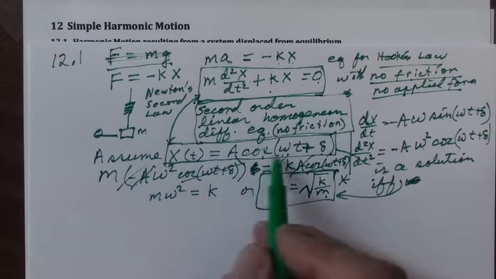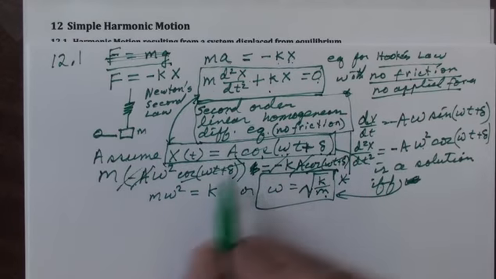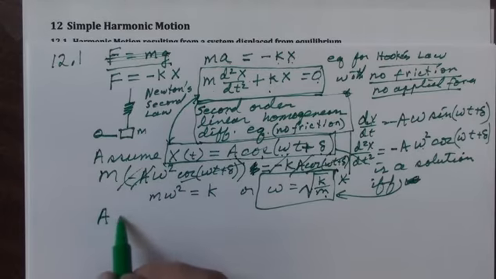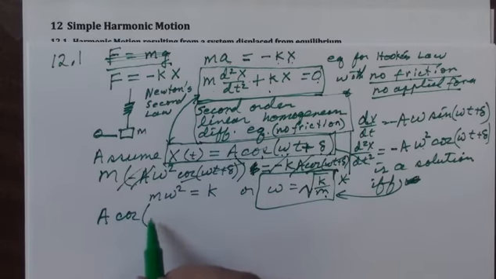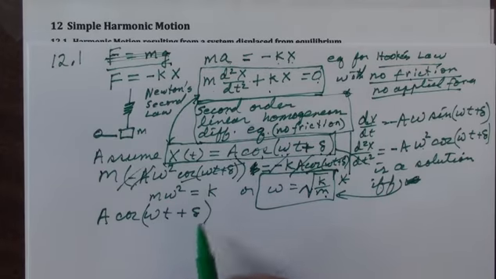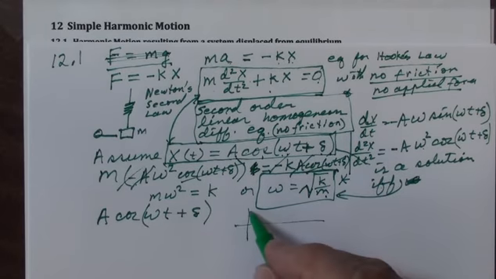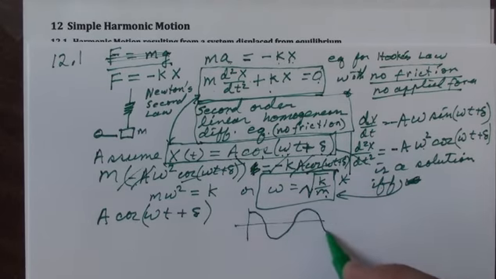Now, what are these things like? Let's look at this in greater detail. We have a cosine of omega t plus delta. What are these various terms? Well, you recall that the cosine oscillates, so our solution is going to look like this. It's going to oscillate forever.